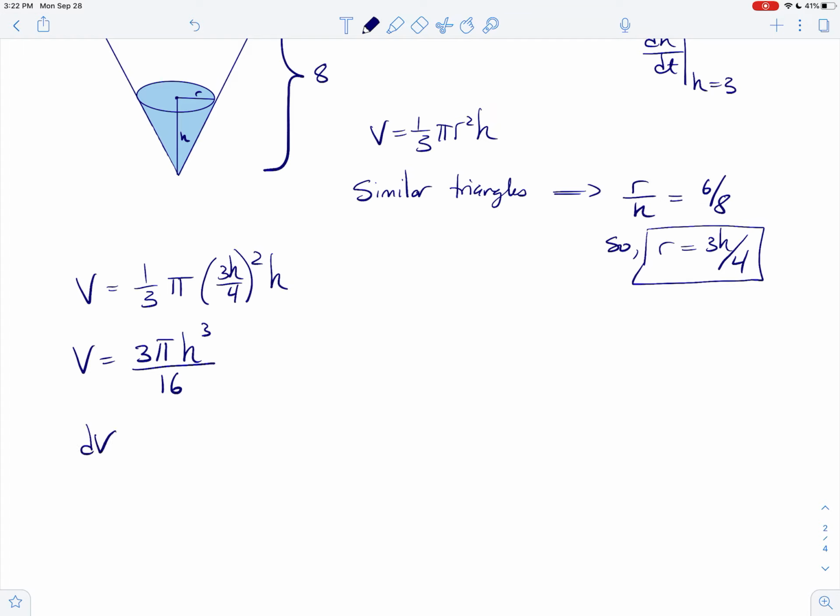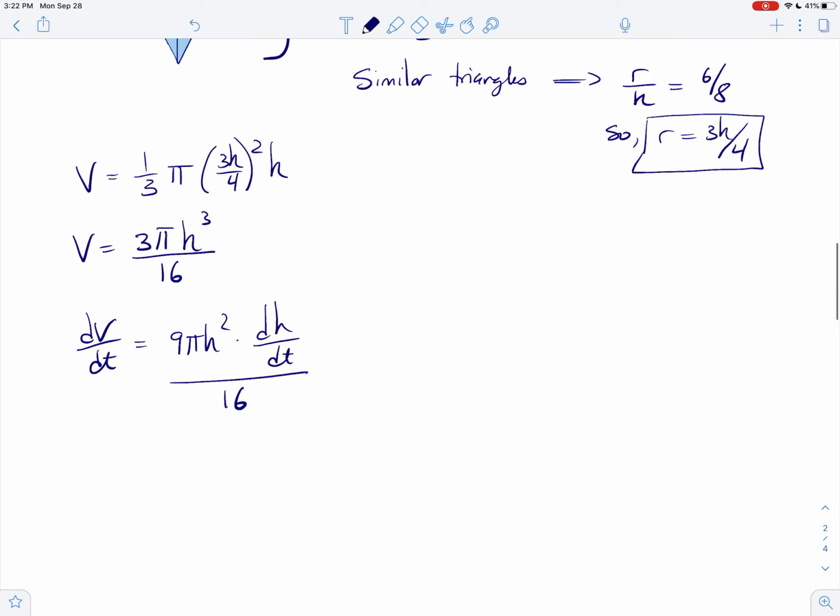Now I'm going to compute dV/dt. And on this side, I just get dV/dt. On the other side, I get what? 3 times 3 is 9πh² times dh/dt all over 16. And at this point, I want to think about what I know.